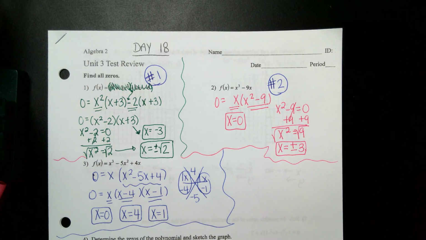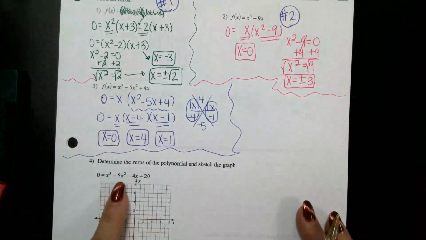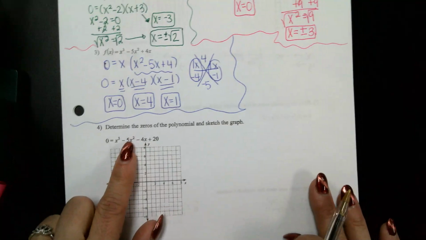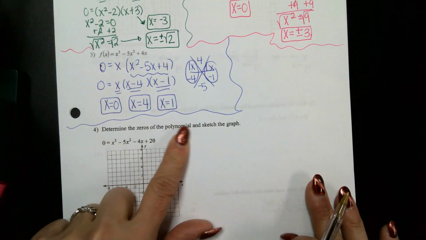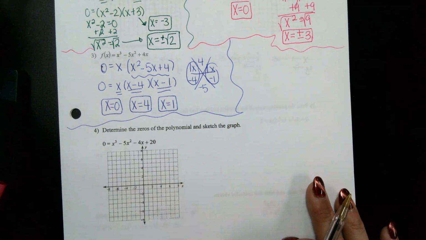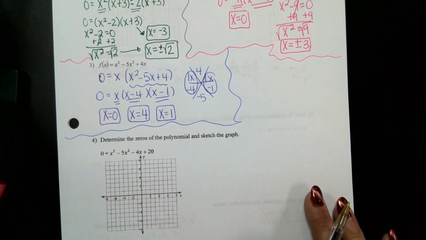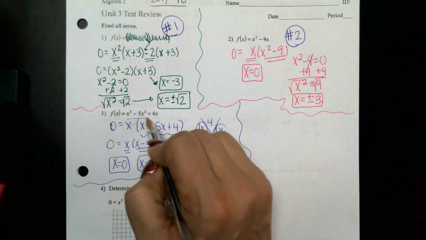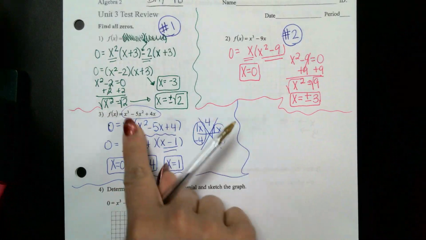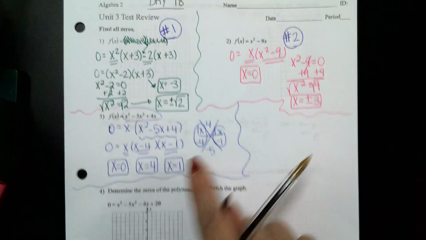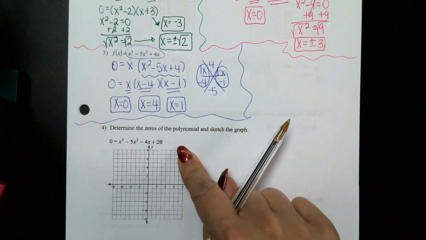Yeah, so I'll tell you this. The one that we're getting ready to do on number 4, it says determine the zeros and sketch the graph. That's what you have to do on number 3 of your test, but the one on your test looks like the one we just factored. It does not look like a grouping one.